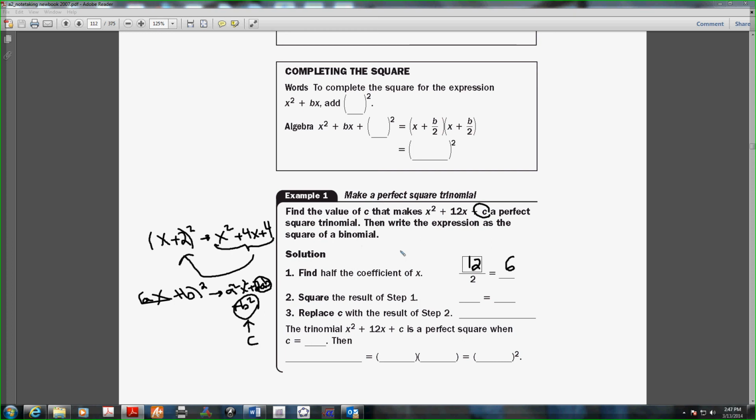That's why in the second step we take the result of step 1 and square it. So it's going to be 6 squared, and what is 6 squared? 36.